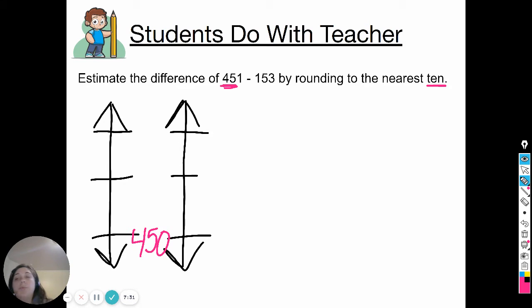45 tens plus 1 ten is 46 tens, so that's our top number. Our halfway point, we keep the 45 and end in a 5.